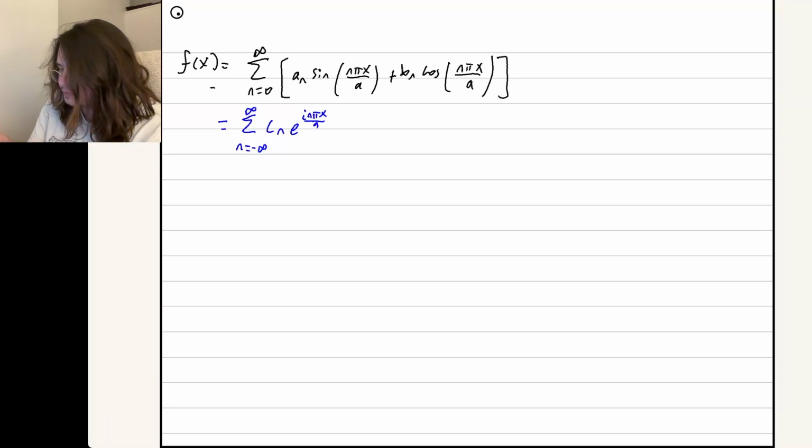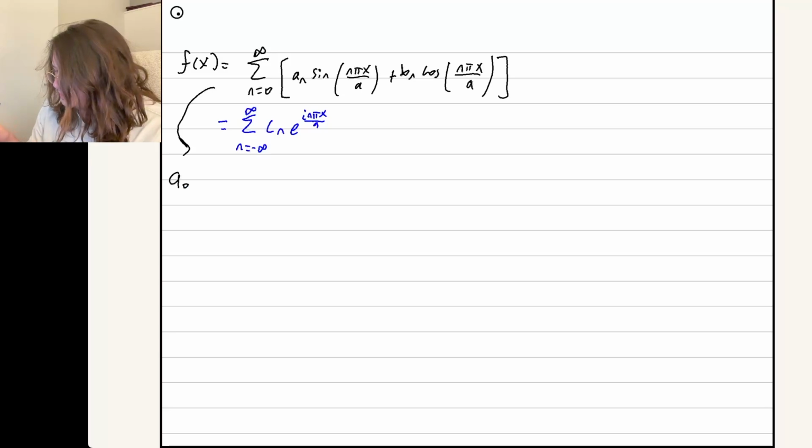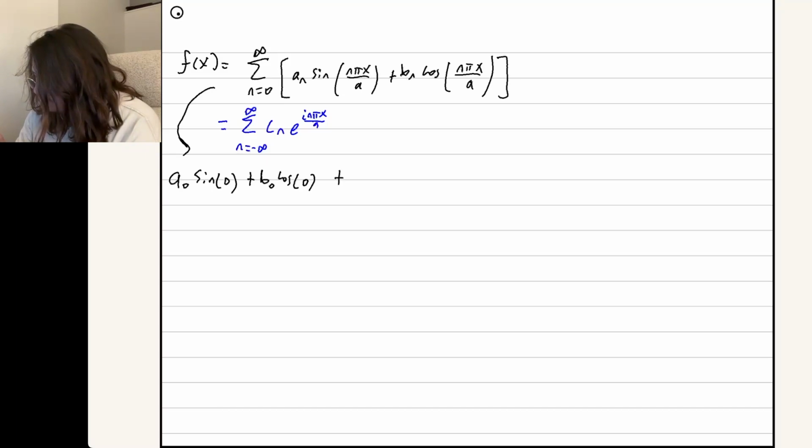So for the first thing, I'm going to explicitly write out the 0th term of the Fourier series. So it's going to be a0 times the sine of 0 plus b0 cosine 0. And then everything else after 0 can be written in there.